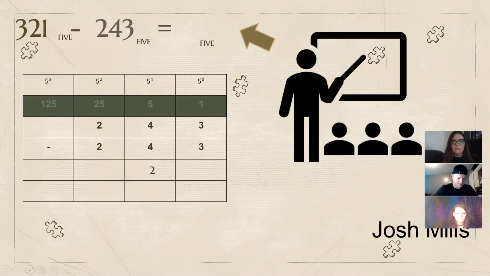We know these are 3s. Let me write over this. So that would be a 3, and this would be a 2, and then a 1.